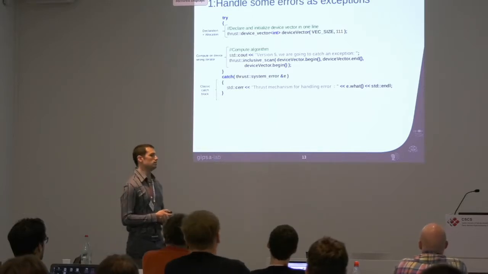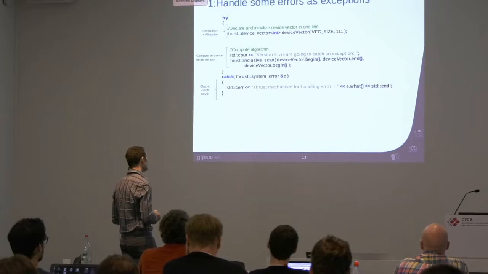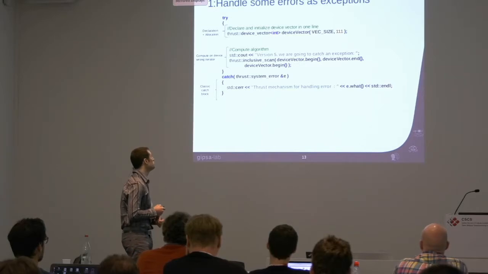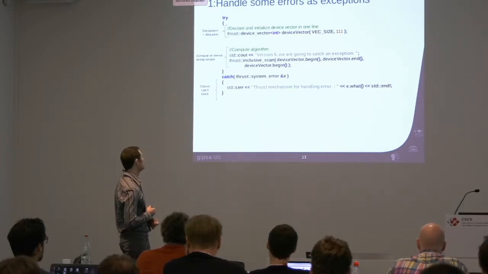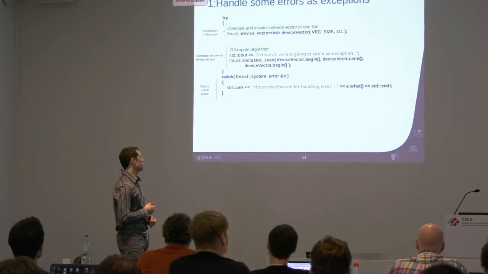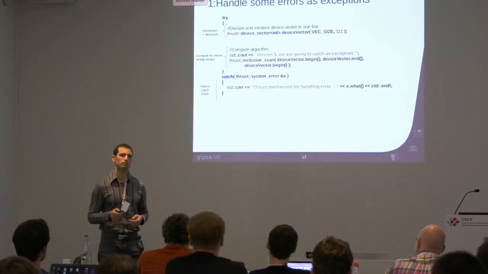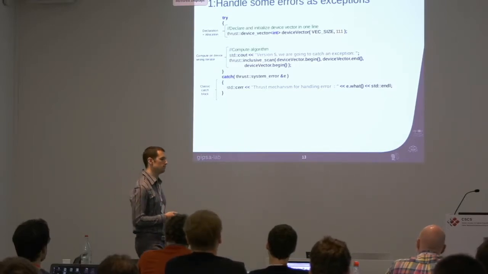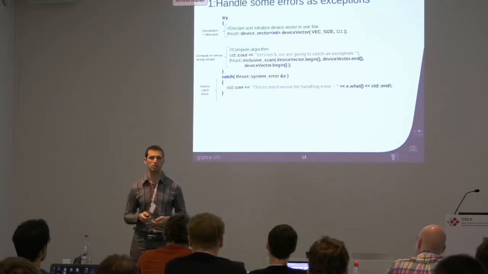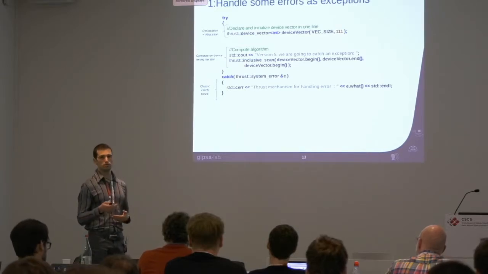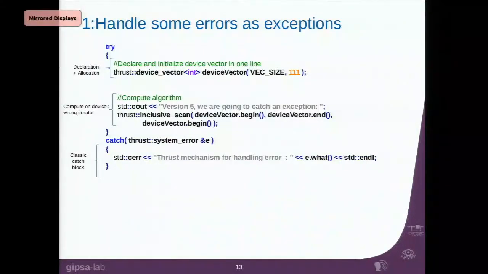I told you before about error handling. In this case, I've used this C++ construction with a try-catch block. And Thrust can catch some errors for you, but you have to be careful because you have to remember that if you have an error arising in CUDA code on the GPU, as GPU kernels are asynchronous with respect to the host, you will only be able to catch it with the synchronization API from CUDA.